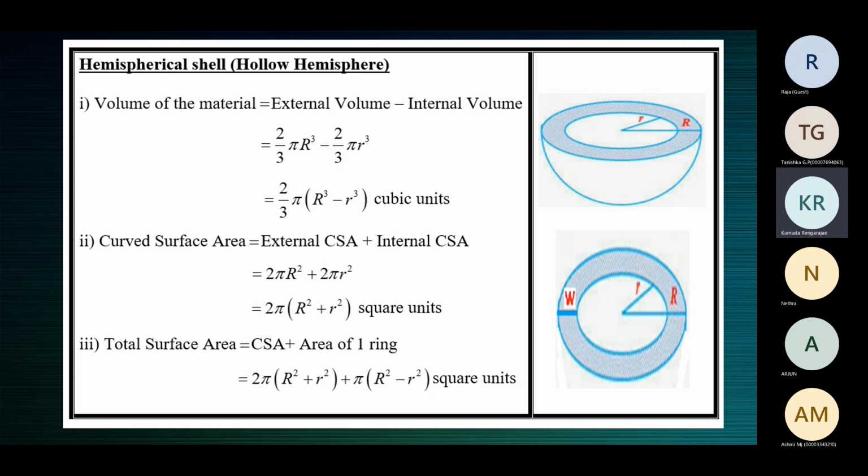Total surface area will be the CSA, that is the inner CSA plus the outer CSA, plus the area of one ring on the top. There is a ring on the top. You can see that ring here.